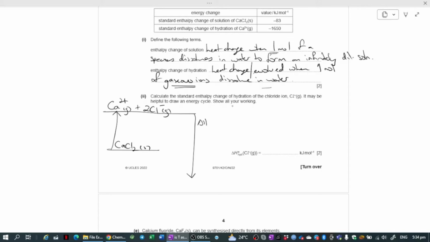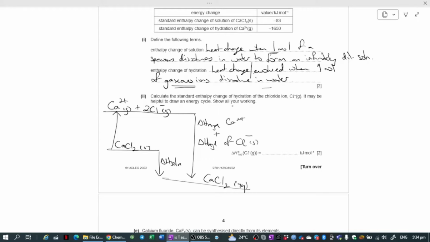So this is the hydration energy of Ca2 plus and the hydration energy of Cl minus gas, and then this gives us here CaCl2 aqueous, and this difference here is our enthalpy change of solution.